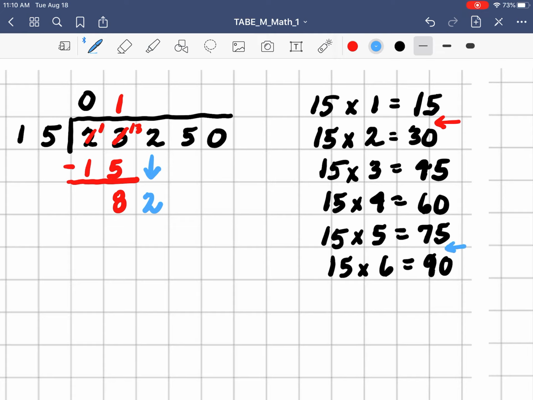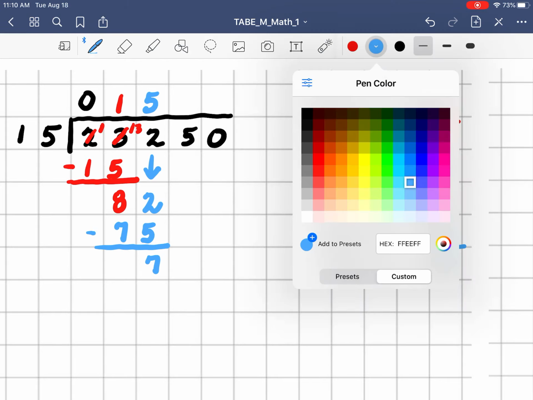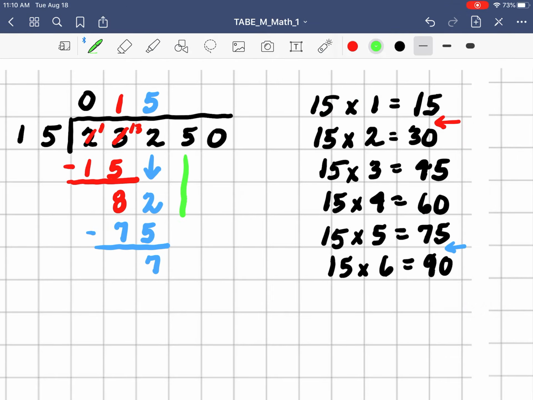15 into 82 is going to sit right in there, so let's use 5. And that is 75. Again, if you need to borrow, go ahead and do that. If you don't, just make it a 7. Bring down the 5. Be careful here. 15 into 75, we know that one.